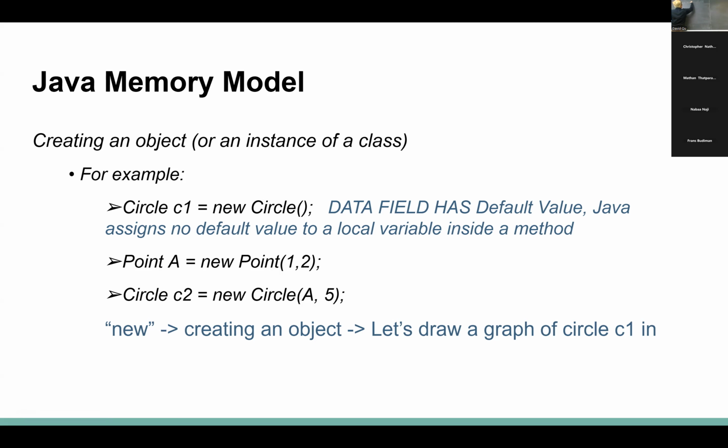Memory model: you have the stack and the heap. In your heap, you have all the objects, let's say C1, C2, and P1, P2, String 1 (remember, String is also an object type), and maybe an array.